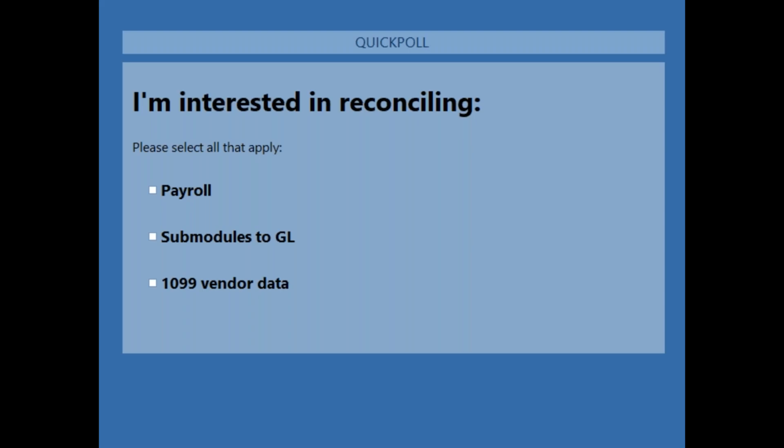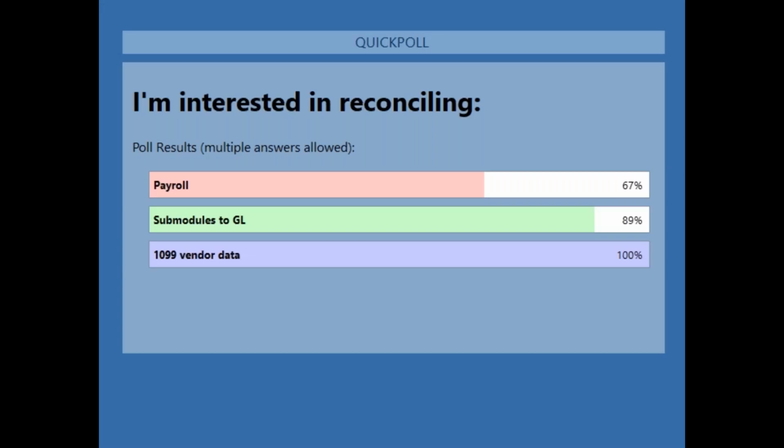There's still someone who hasn't voted. Maybe they're just monitoring. Okay, so there we go, 100%'s voted. I'll close the poll and share. So we have some people payroll, some people submodules to the GL, and 100% for the 1099. So that'll be great. All right, so I'll start in.